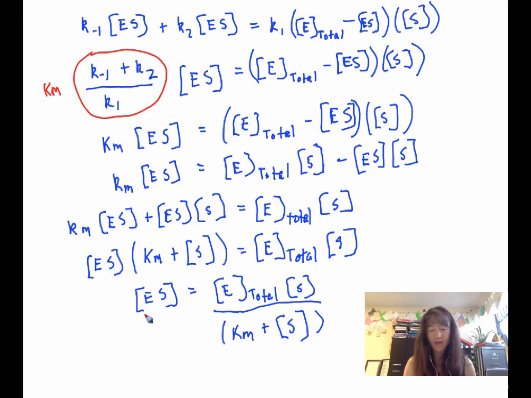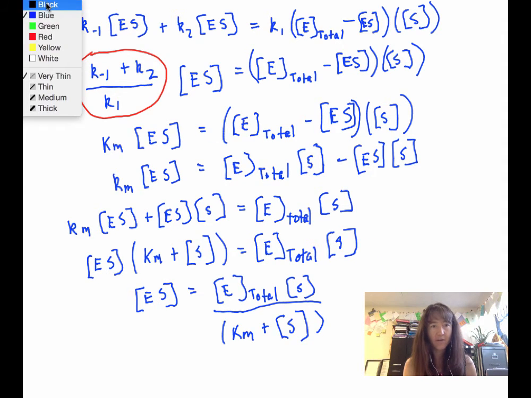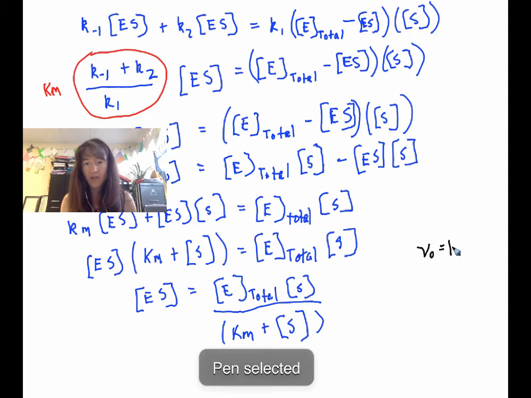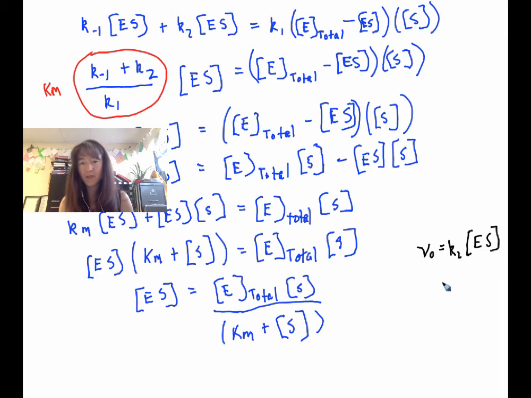Hey, now wait a minute. We're starting to recognize something, because remember that we thought back to this equation, and I'm going to make this a different color. Remember that we had said at saturation conditions that initial velocity was equal to k2 times enzyme substrate because all of the enzyme was bound to substrate.